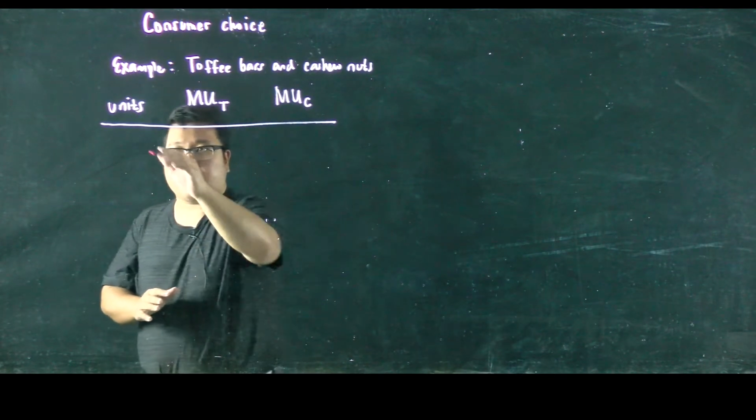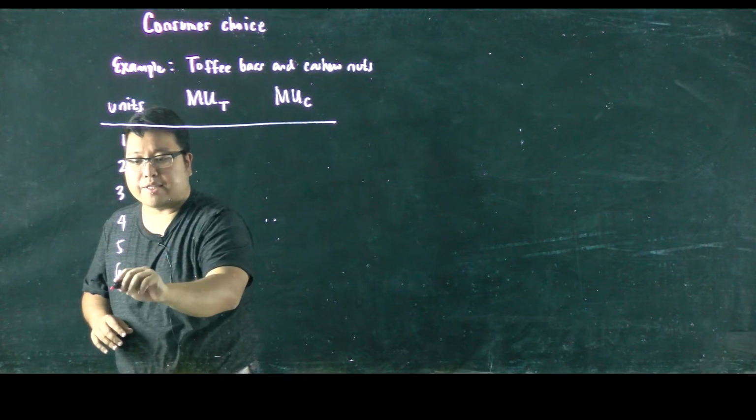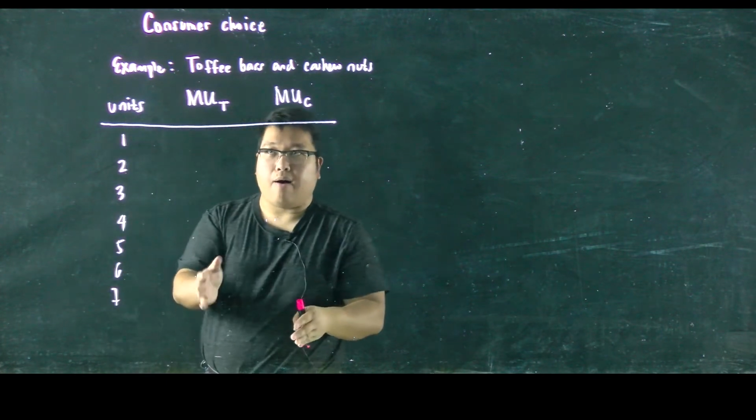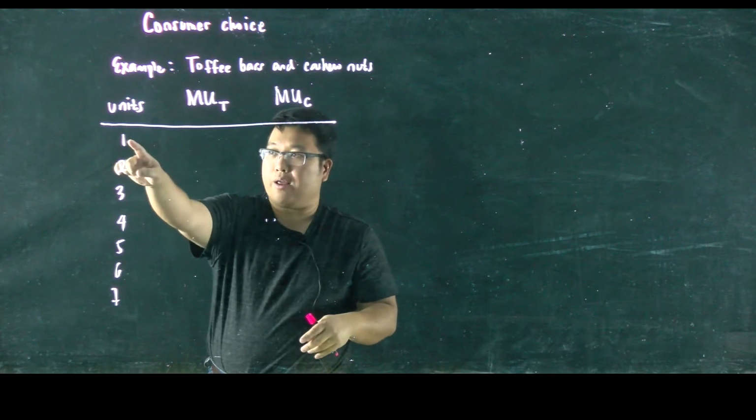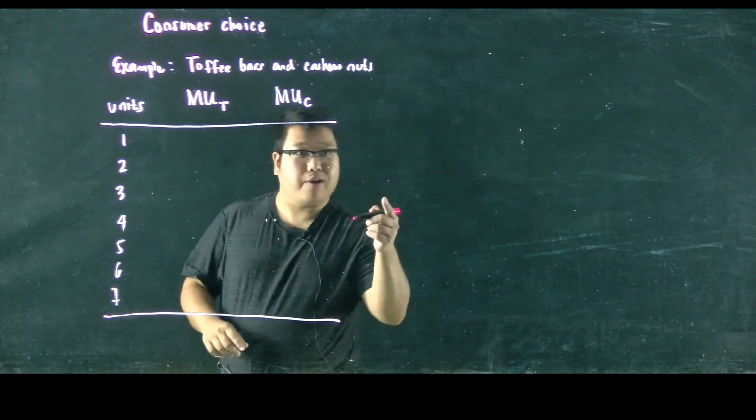We will have 7 units, so 1, 2, 3, 4, 5, 6, 7. And what I'm going to write here are the marginal utilities associated with each of these units. And this we can fast forward.